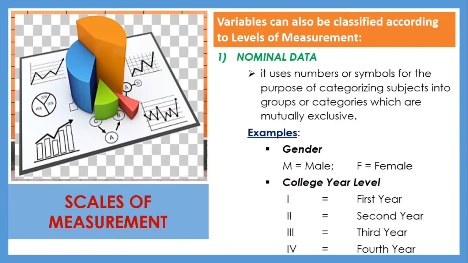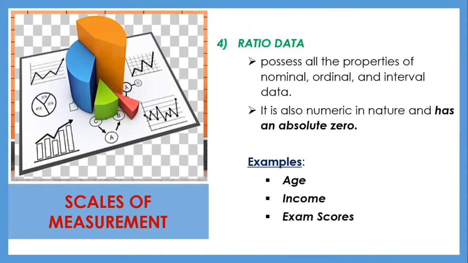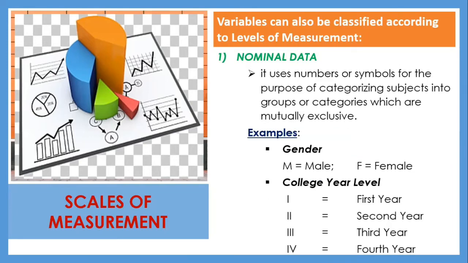And as mentioned earlier, we have 4 types of scales of measurement or data. Variables can also be classified according to the levels of measurement. First, we have nominal data. Second, we have ordinal. Third, we have interval. And fourth, we have ratio data. Okay, just a brief recap on this, since we already discussed this in the earliest part of our lesson.